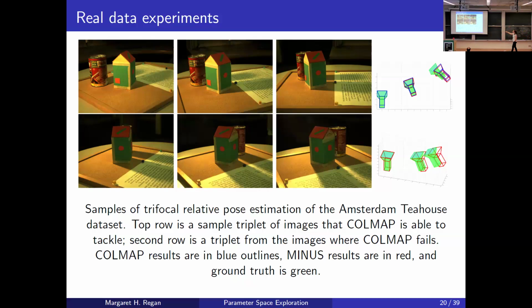That's shown on the right here. In both of these cases, the green is the ground truth of the cameras. So we have 3 cameras, and the green part is the ground truth. It's a little bit hard to see in this upper one, but the blue outline is for the other solver, and the red is for ours.